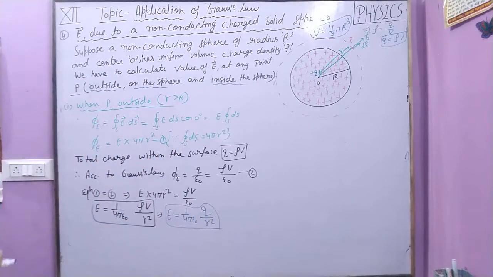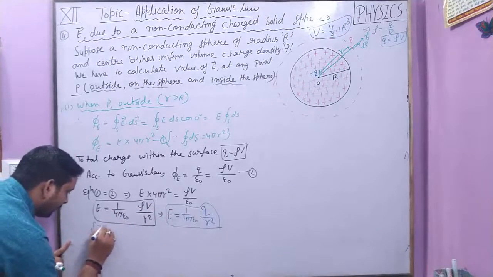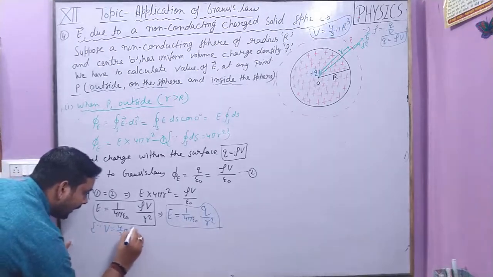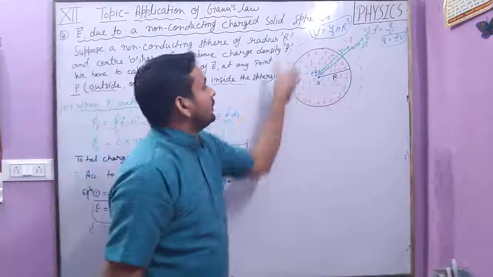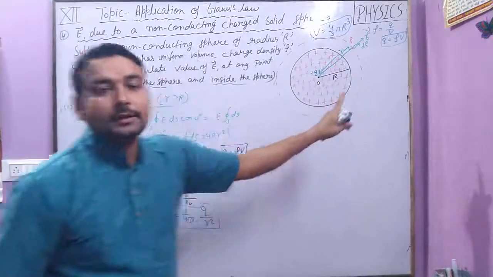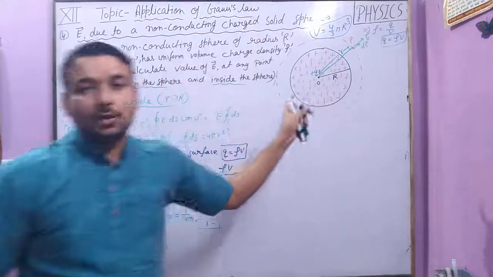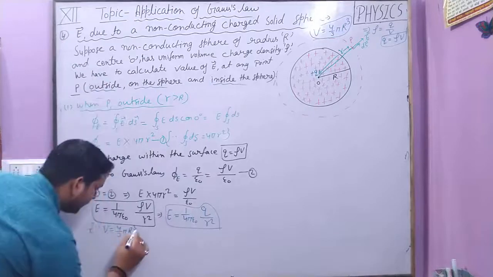Clear? Now here we have V is 4 by 3 pi r cube, because the charge is only spread till the solid sphere which we have given in the situation.